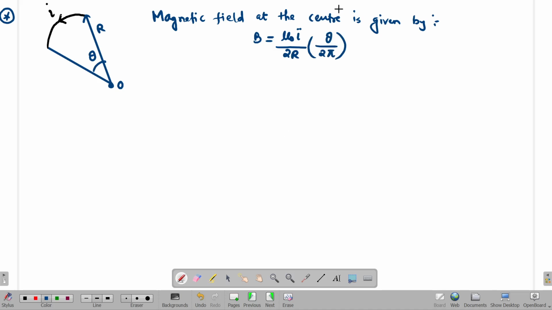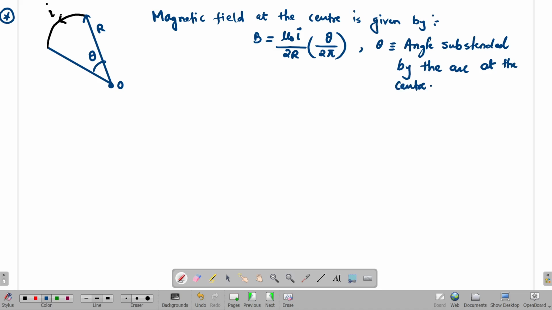Okay, this is the formula. Is that clear? Where theta is the angle subtended by the arc r at the center.